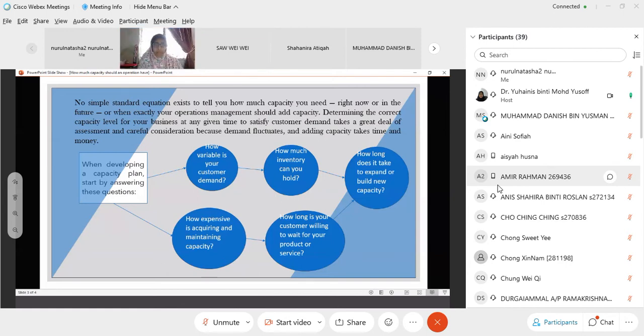Third, how expensive is acquiring and maintaining capacity? Getting a handle on how much your capacity costs to acquire and maintain is important because you need to know how much it costs to maintain.